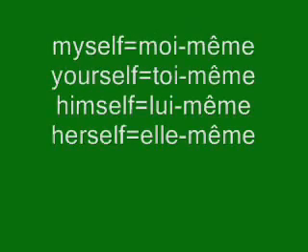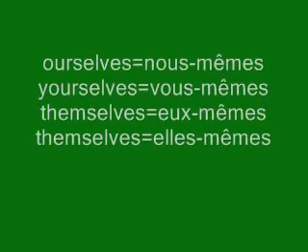But the actual meaning for myself is moi-même, yourself, toi-même, himself, lui-même, herself, elle-même, ourselves, nous-mêmes, yourselves, vous-mêmes, themselves, eux-mêmes, or elles-mêmes, depending on whether you're talking about girls or boys, right?